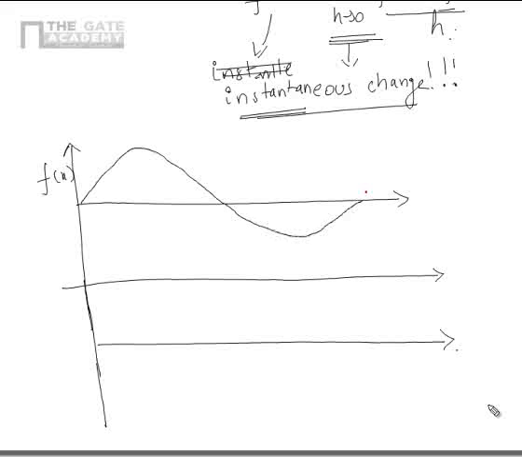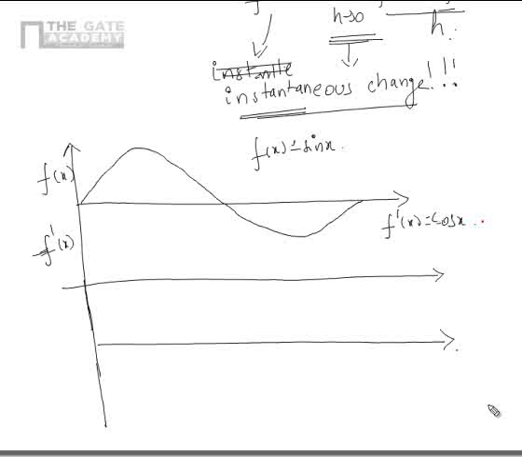This is f of x equal to sine x. Then what is f dash of x? We know sin x differentiation will give cos x. Correct? Now let us find that graphically.